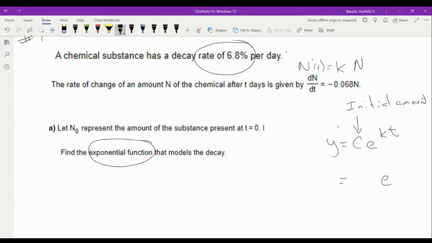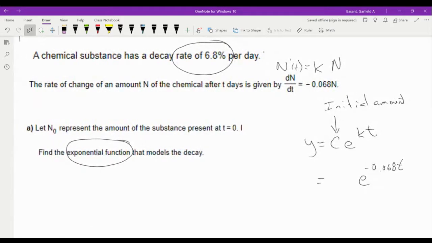So that's e to the negative 0.068 t. So what is our C? They didn't give us a number, but they said what? Let n0 represent the amount of substance at t equals 0. When t is equal to 0, that's the initial amount.